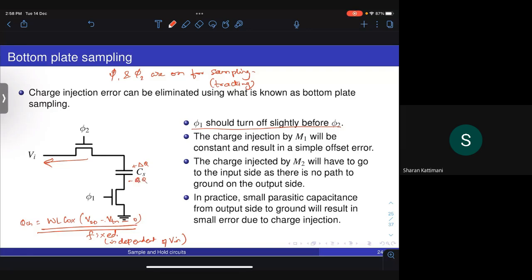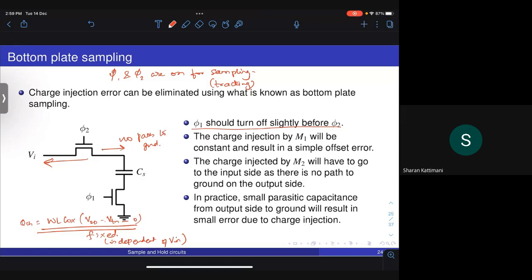But in this case, since the lower plate is open, it is not possible to charge the capacitor because it cannot pull up negative charge from the other side. Therefore, this charge cannot go into the output node. Or another way to look at it is, there is no path from here to ground. So all the channel charge of phi 2 has to go to Vin only. Okay, this is what the ideal picture is.